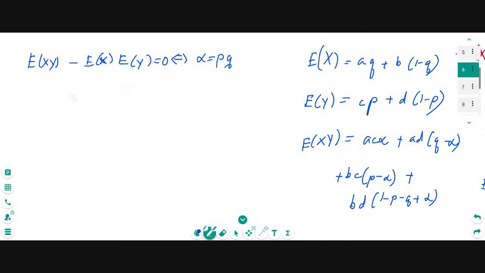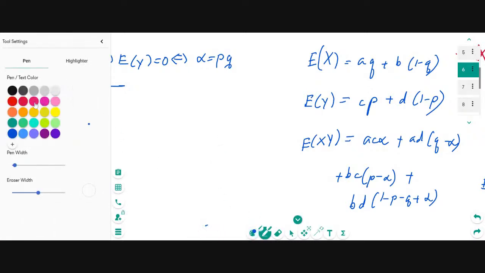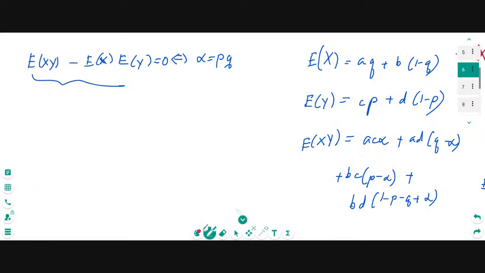So we need to arrange things such that we get alpha minus PQ common from all of this, as alpha minus PQ times something, equal to 0. This is the sense of algebra you must have, as a high school mathematics person.